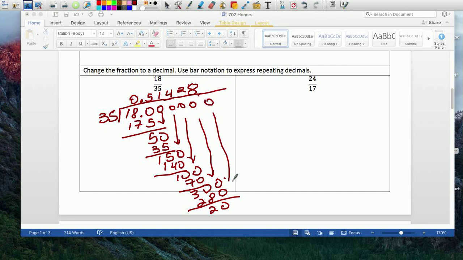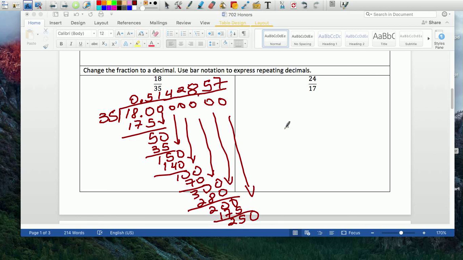Bring another 0 down. Does anything repeat? 35 goes into 200 5 times, which is 175. So we have 25 left over. Bring another 0 down. Oh my god. 35 times 7, will that work? Yes, it works.